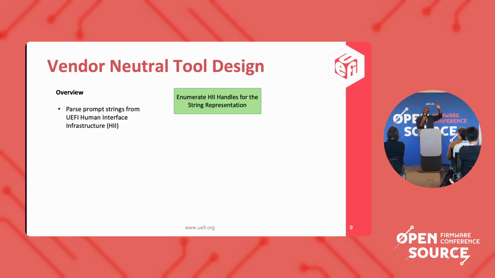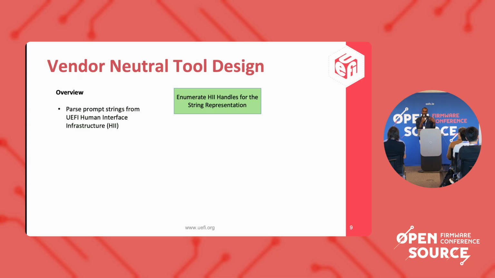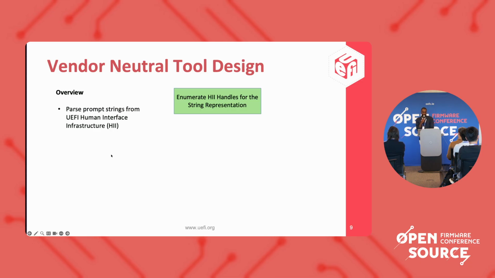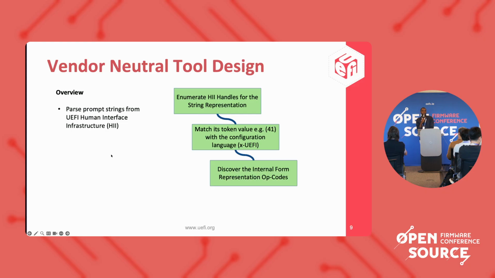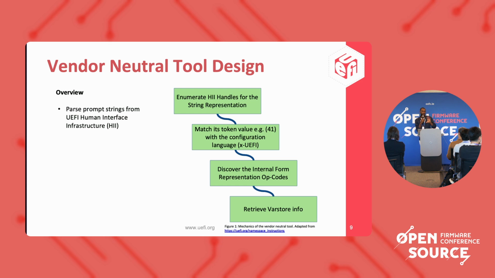So we take those prompt strings, and then we call the HII APIs, and we get the opcodes, and from the opcodes we get the varstore, and from there we are able to view and modify the settings of the UEFI variable that we want to change.